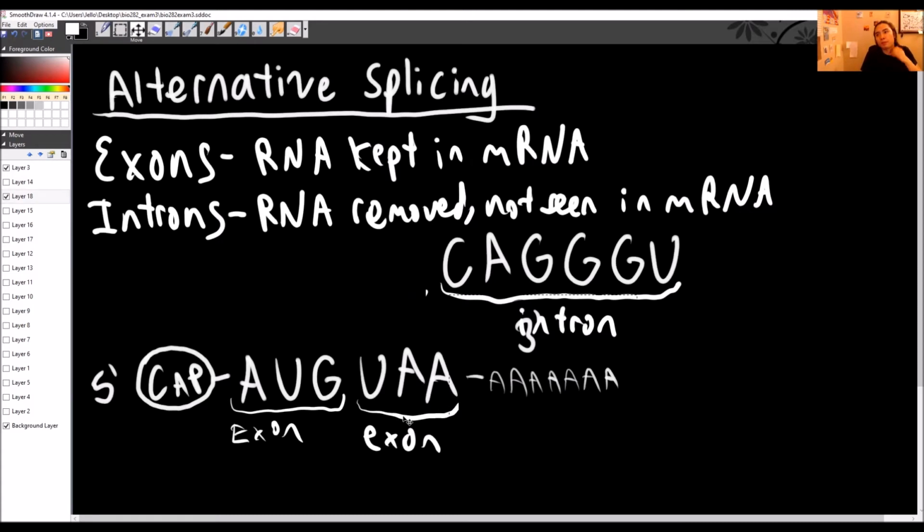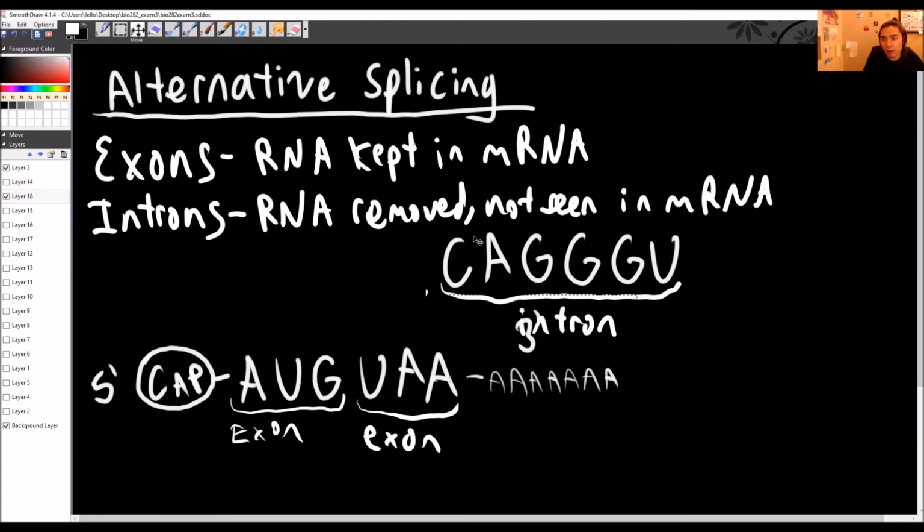But in both instances, the RNA was spliced to form the mRNA, but they were spliced in different ways. So RNA can be spliced in alternative ways, not just one way always, and this will produce a different mRNA.